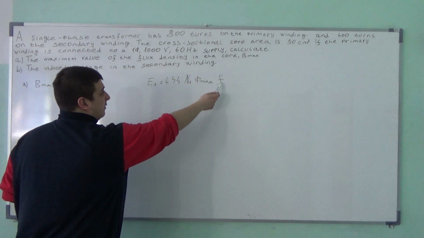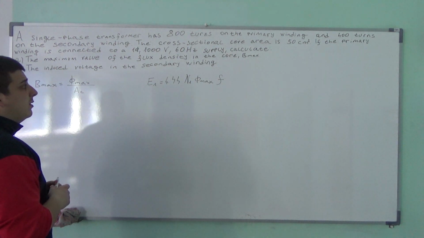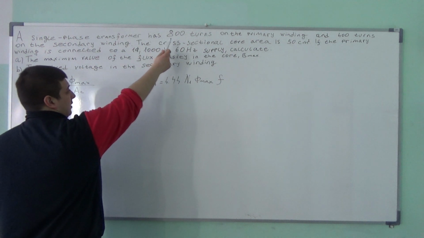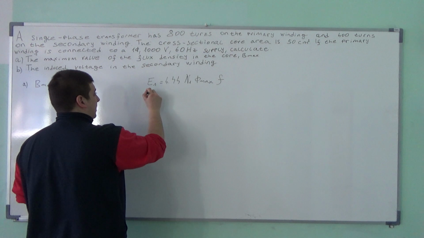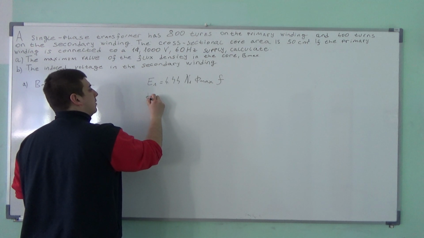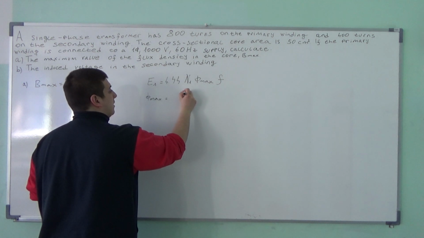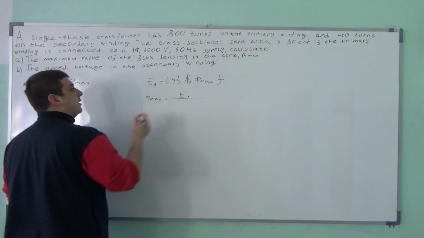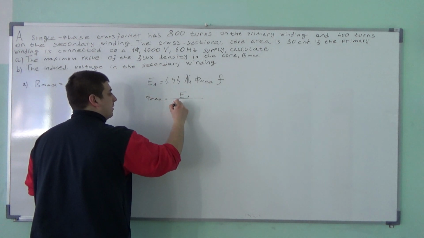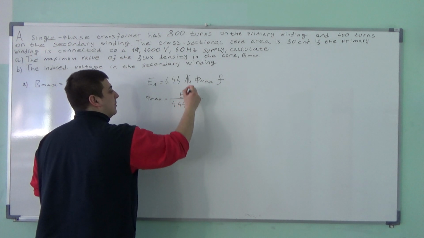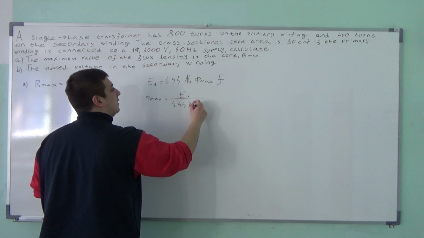We have the frequency and we have the number of turns on the primary side. So flux maximum is equal to the induced voltage E1 divided by 4.44 times N1 times the frequency.